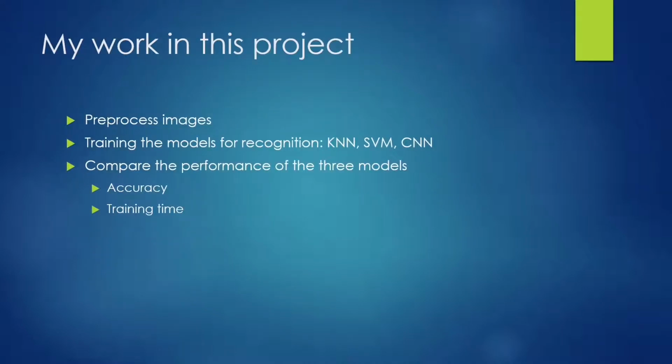My work in this project had these three parts. First is processing the images from the database and training the model with the processed images. And I used three models as the classifier, KNN, SVM, and CNN. I will compare the performance of these three methods by accuracy and training time.